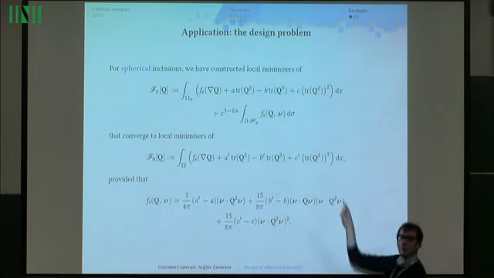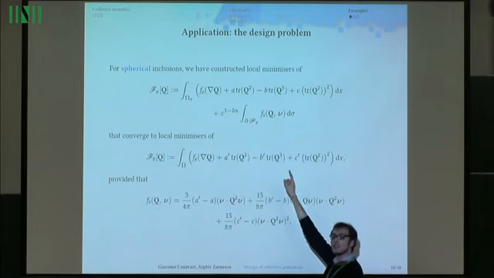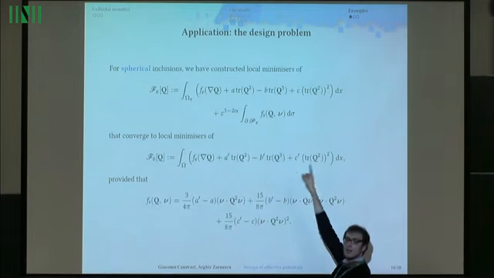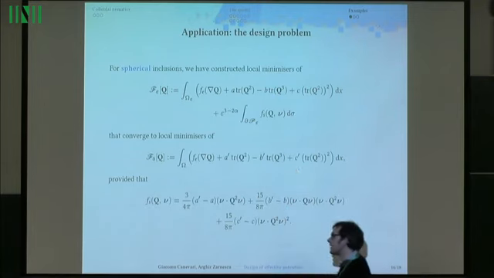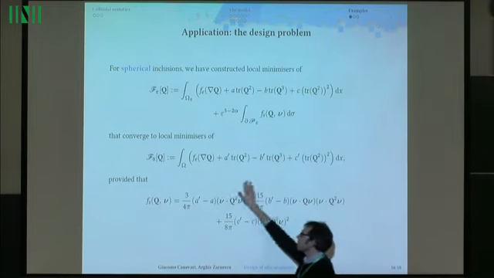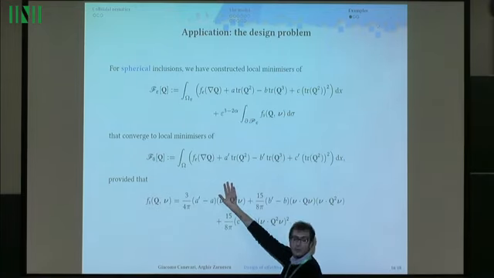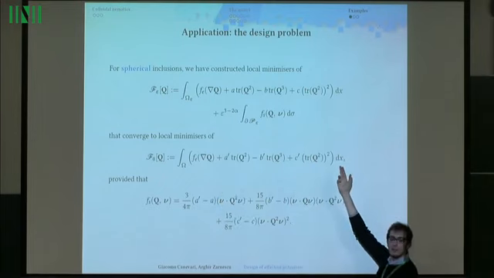So a local minimizer, a locally stable solution for the original problem, in such a way that in the limit as epsilon tends to 0, the local minimizer for the problem above converges to the local minimizer for the problem below. And that is our homogenization result, which in a way justifies how this effective free energy is a reasonable approximation of the free energy above.